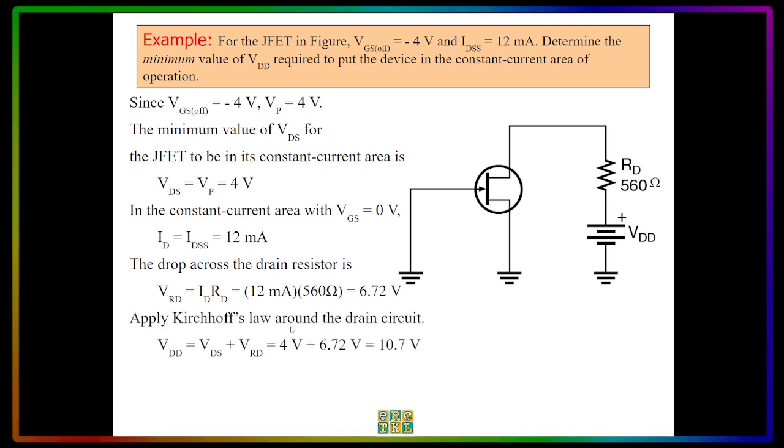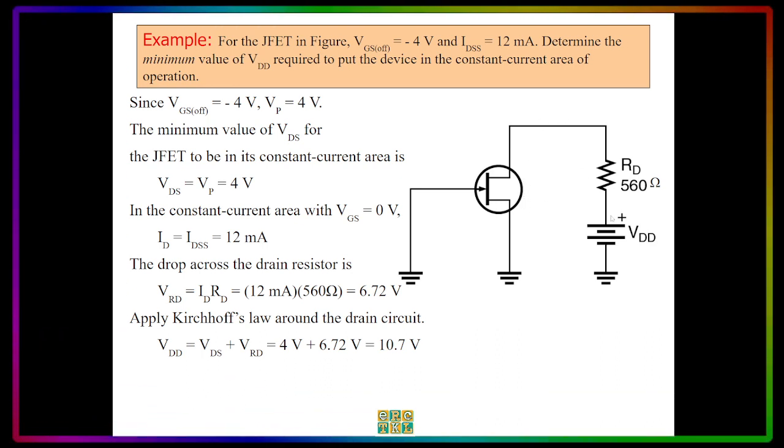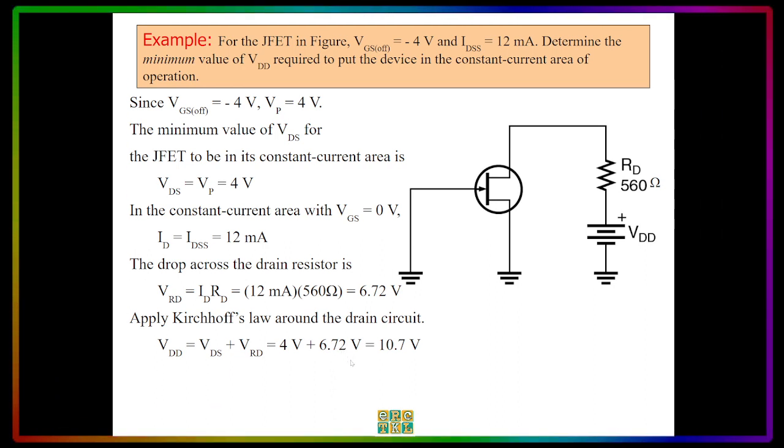Now, applying Kirchhoff's law around the drain circuit here, we will see that the VDD will be equal to VDS plus VRD, or we say VRD plus VDS. So 4 volts for VDS plus 6.72 volts for the VRD.